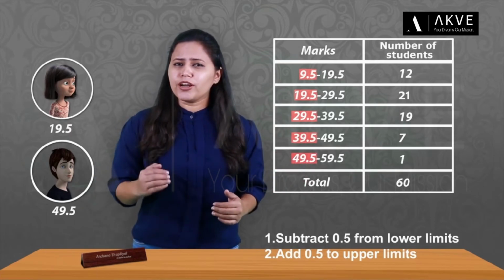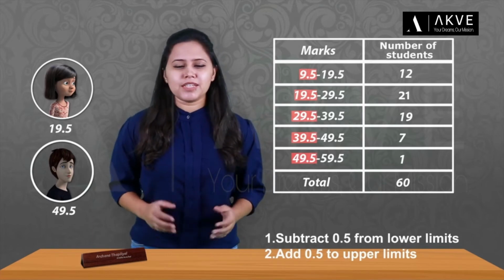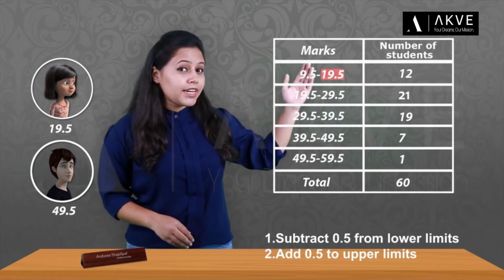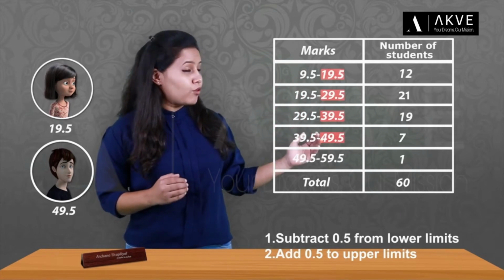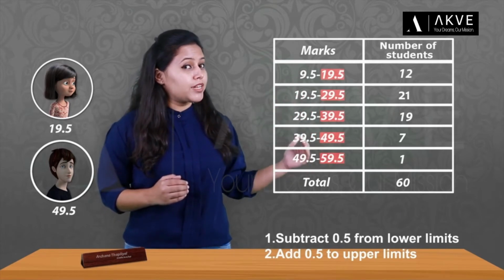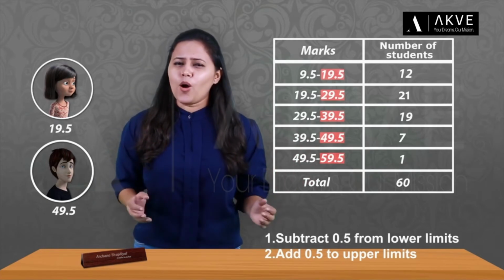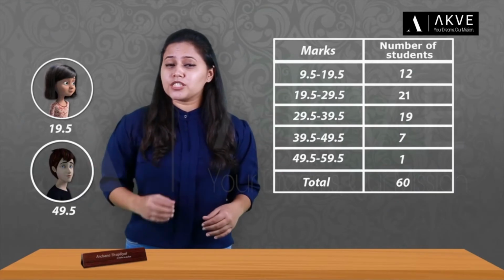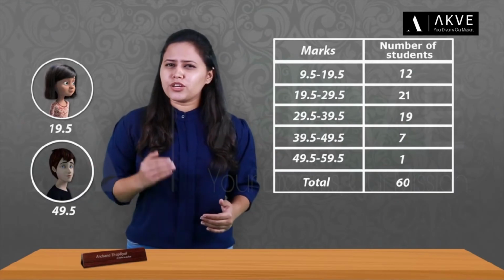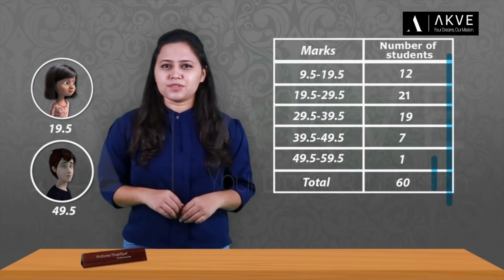And adding 0.5 to each of the upper limits changes them to 19.5, 29.5, 39.5, 49.5 and 59.5. Now everything must be clear to you. So now it is possible for us to include the marks of the new students in these classes.